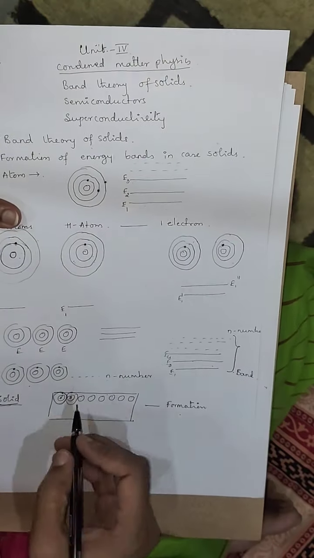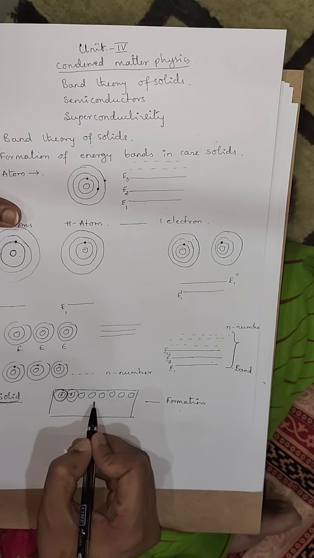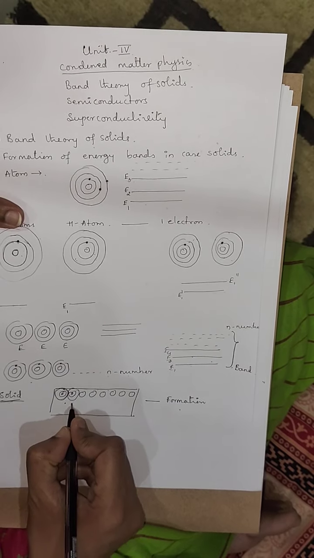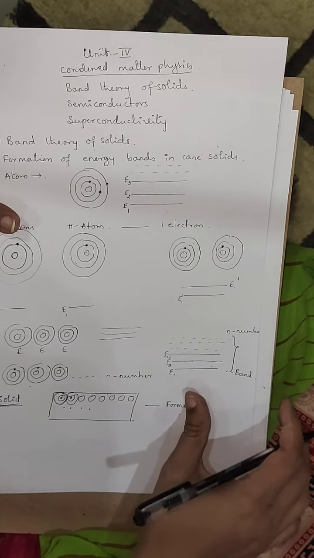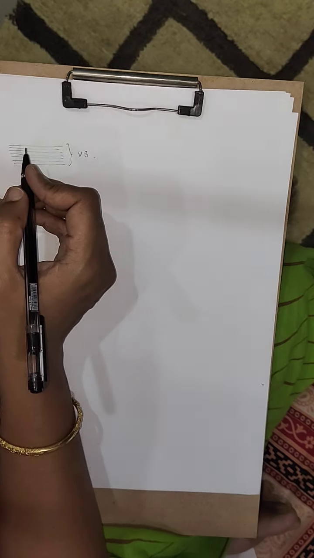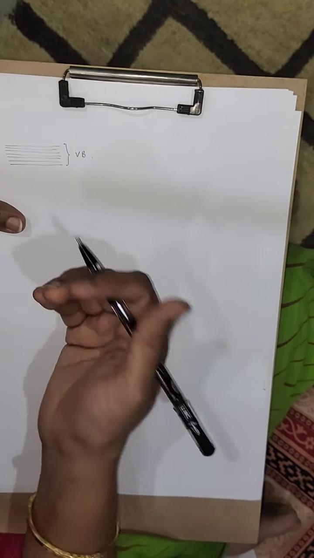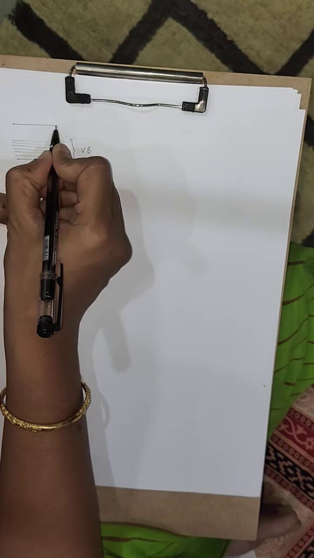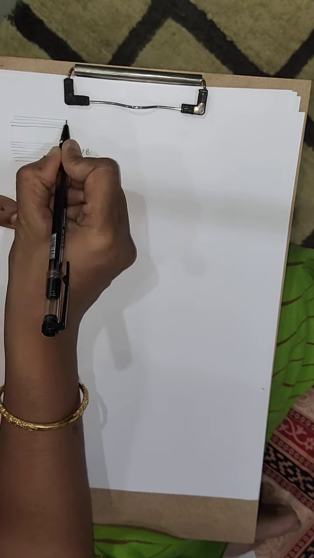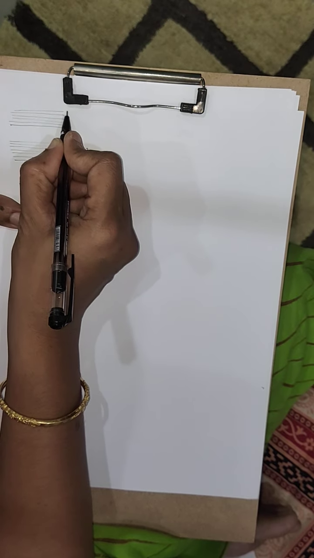Now if there are electrons in the solid which are not bound to any of the atoms, which have an excess amount of energy, those electrons we call the conduction electrons. The energy level corresponding to these conduction electrons is nothing but the conduction band.